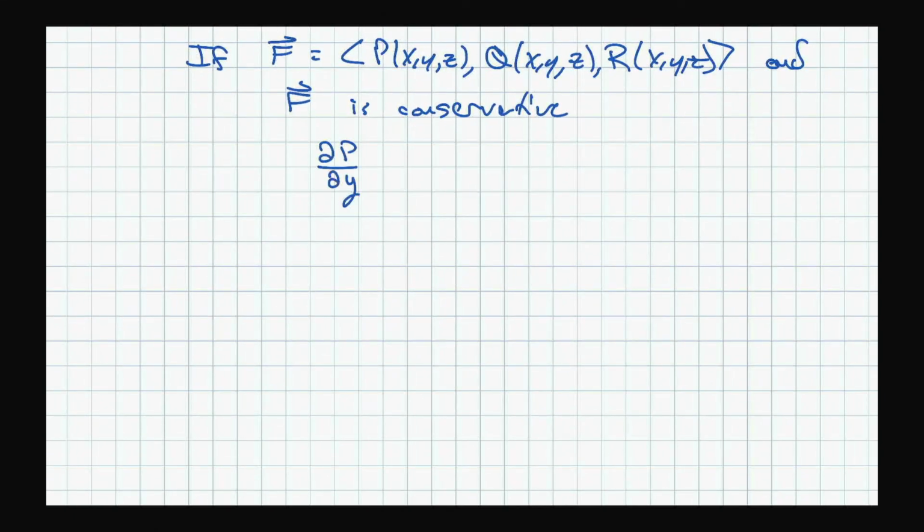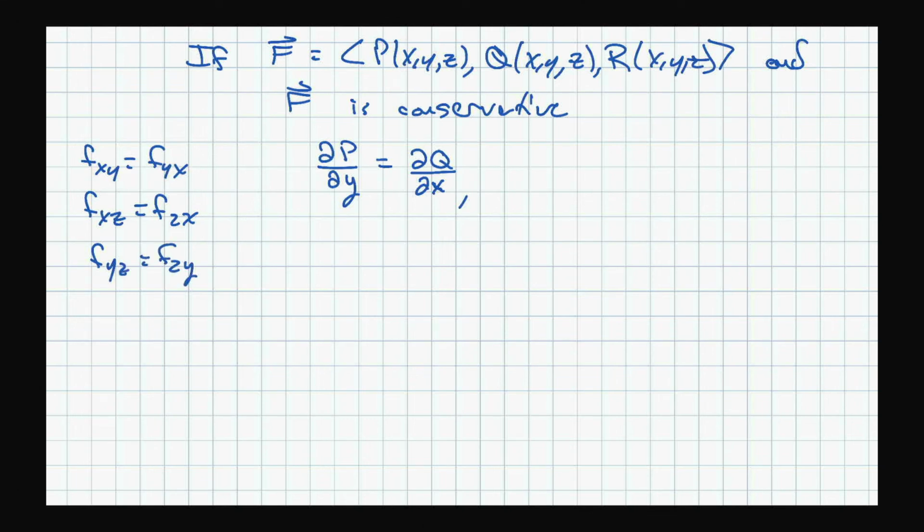Py, that would be fxy, would have to equal qx, which would be fyx. The other condition that you need would be that you'd have fxy equals fyx. You'd also have to have fxz equals fzx, and then also fyz equals fzy.